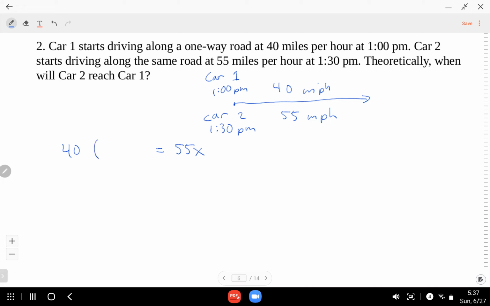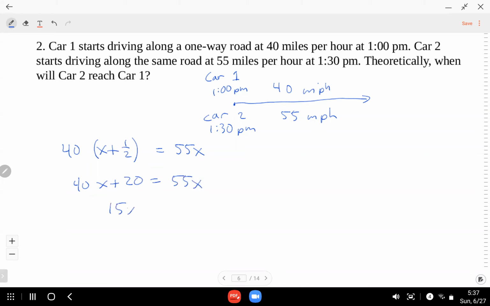Car 1 has been driving since 1 p.m. So it already has driven 30 minutes before car 2 actually starts driving. So it'll be x plus 1/2. All right. So then we can solve this. It's very easy. Okay. 40x plus 20. And then you can easily solve this.